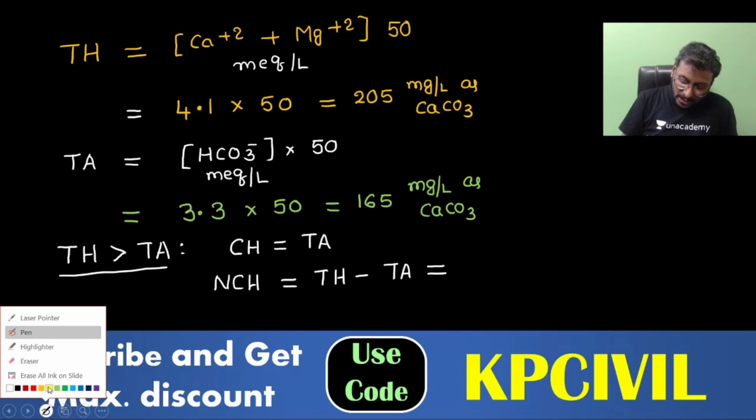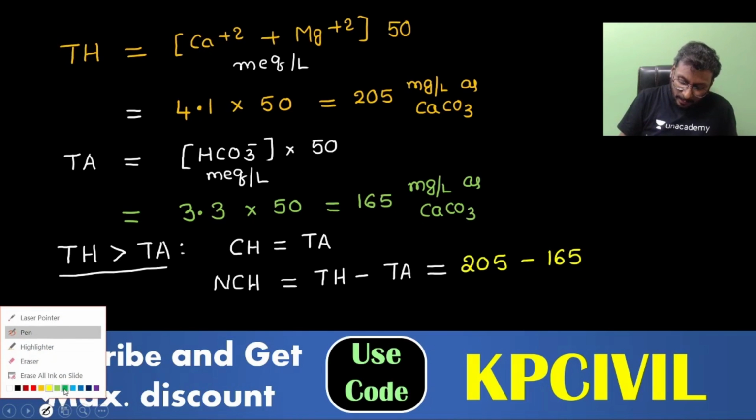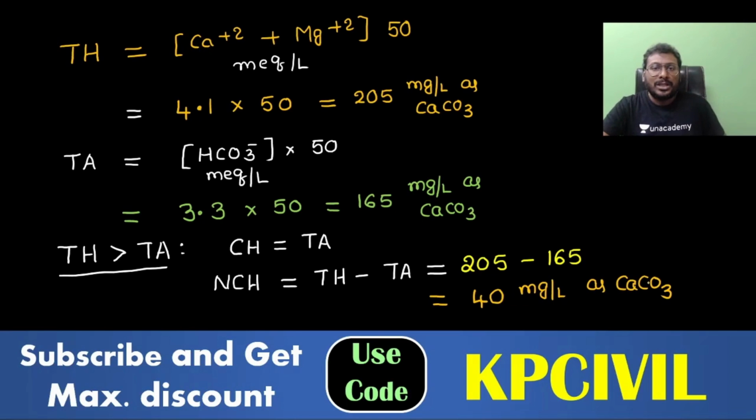So what is TH? Total hardness 205. What is TA? Total alkalinity 165. So what is non-carbonate hardness? Final answer you are getting 40. So non-carbonate hardness is 40 mg per liter as CaCO3.